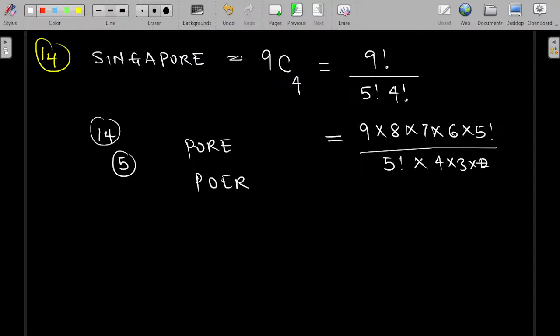You can leave the 1 out because it will still be the same. So 5 factorial will cancel 5 factorial. 3 times 2 is 6. It will cancel this 6. 4 will cancel 8 to give us 2. So finally we have 9 times 2 times 7. 9 times 2 is 18. And 18 times 7 is going to give us 126. And that is the solution to number 14.